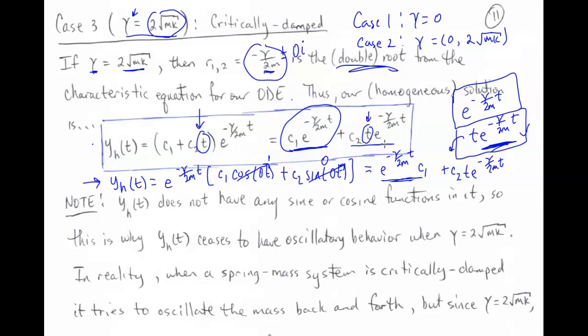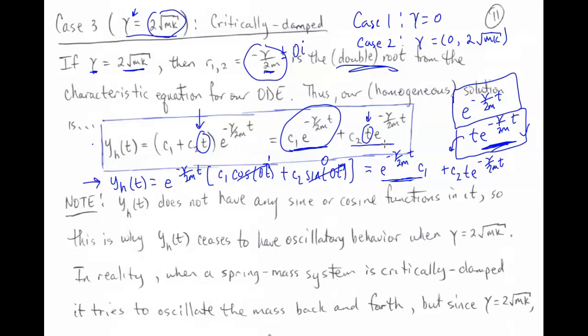Okay, and so what essentially happens in a critically damped case is that the function will die out, provided that the external force is 0. It will die out, so that means that over time the mass will go back to equilibrium.